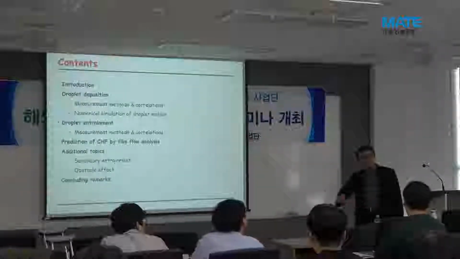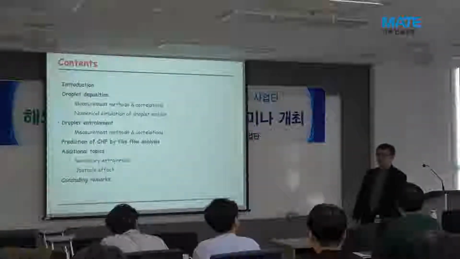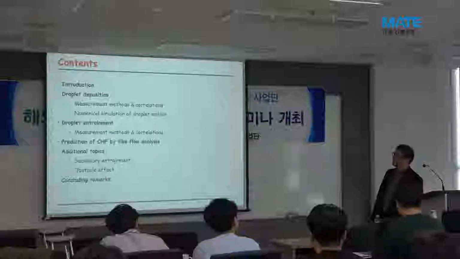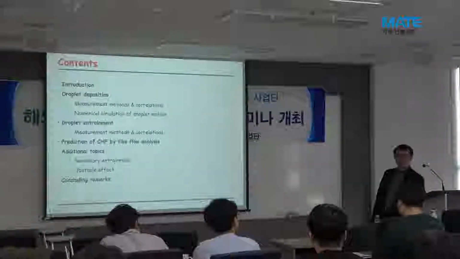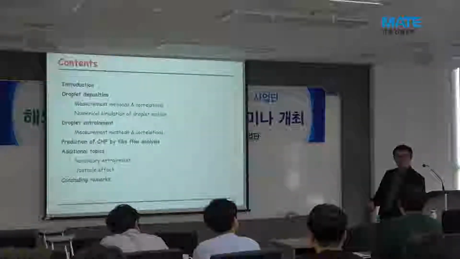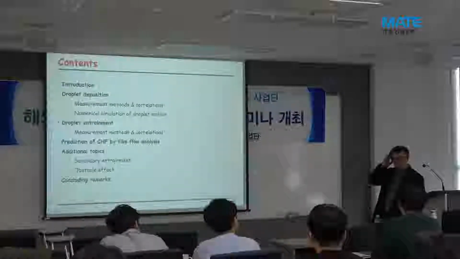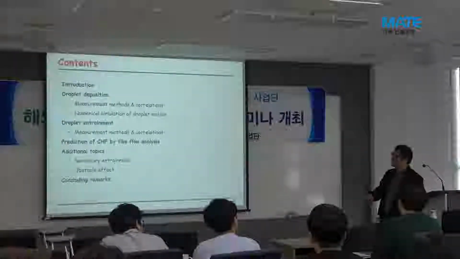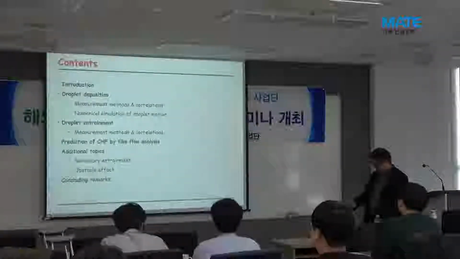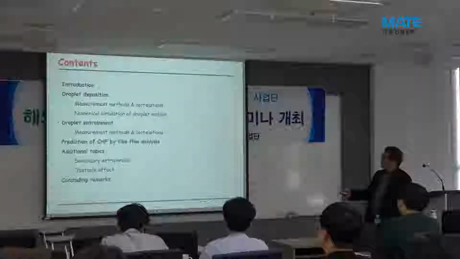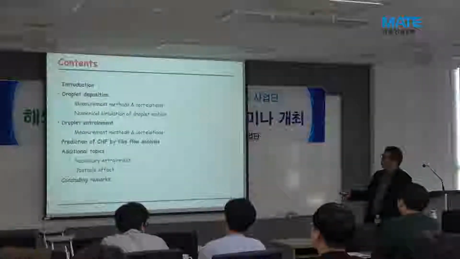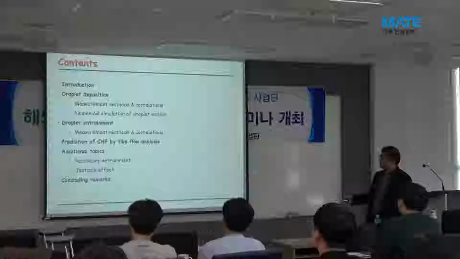Aspect ratio is very, very big. Therefore, if you simulate such a liquid film, a numerical simulation, volume of fluid type, how many computational cells are needed? I do not want to calculate it. So it's very difficult. And as for the entrainment, I only talk about experiments.